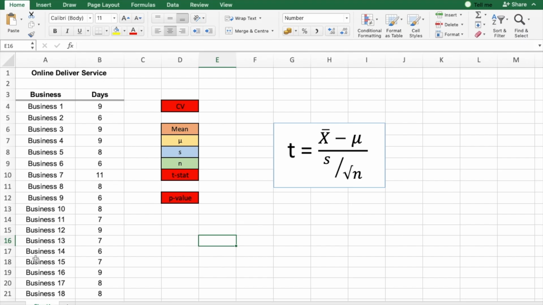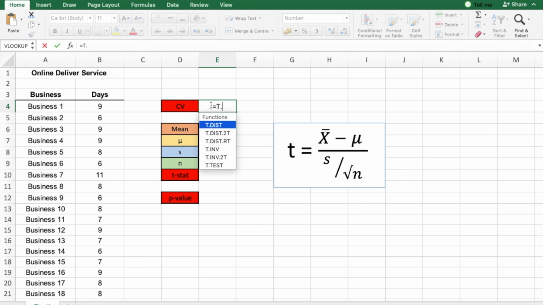So we have the data here that the CEO collected, a sample size of 50 businesses. We are going to calculate the critical value. Remember the formula was T.INV. We put in the probability, which is 0.95, and the degree of freedom, 50 minus 1, which is 49.